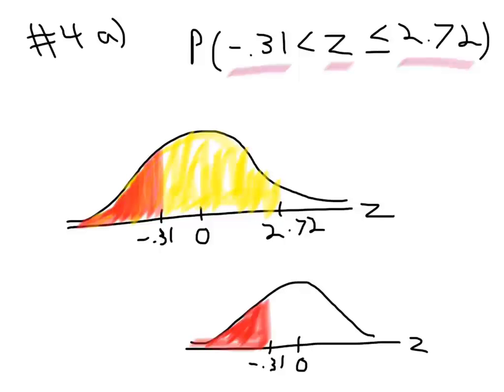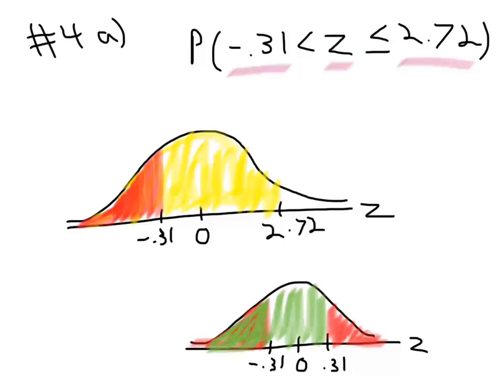Well, we know by symmetry that that's equal to the area to the right of positive 0.31. Well, once again, we have something that we cannot look up in our table. We don't have values to the right of positive 0.31. However, if we were to take the CDF of positive 0.31, we could get this green area right here.